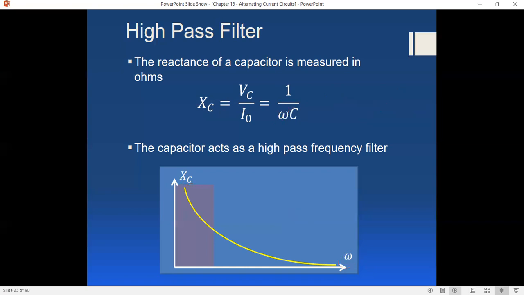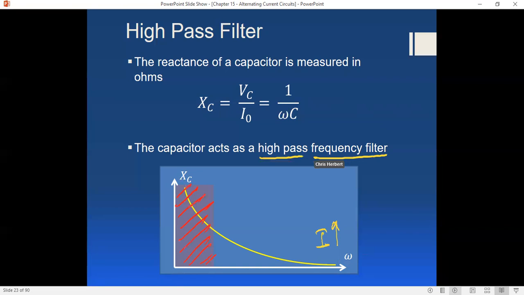But what we also see here is for lower frequencies, the reactance is going to be very, very high, which means you're not going to get a lot of current there. For higher frequencies, the reactance is going to be low, which means your current is going to be very much larger. So essentially, a capacitor can act as a high-pass frequency filter.